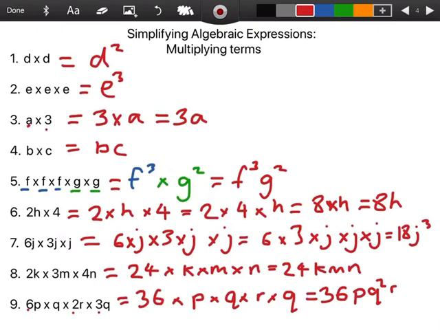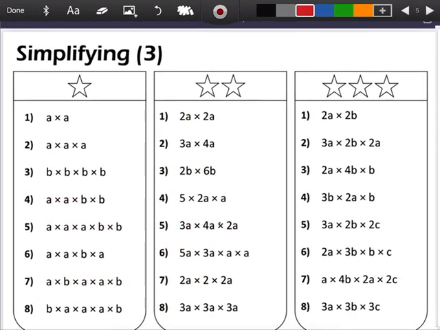So here are some for you to try. Again, I'm going to pause for a second if you want to just pause the video. Okay, so you've had a go at those. I'm just going to pick out a couple to go through with you, and then I'll display all of the answers. So if we look at the first one on the 1-star question, a times a, hopefully you've got a squared. Times it by itself and itself again, that's when we cube a number.